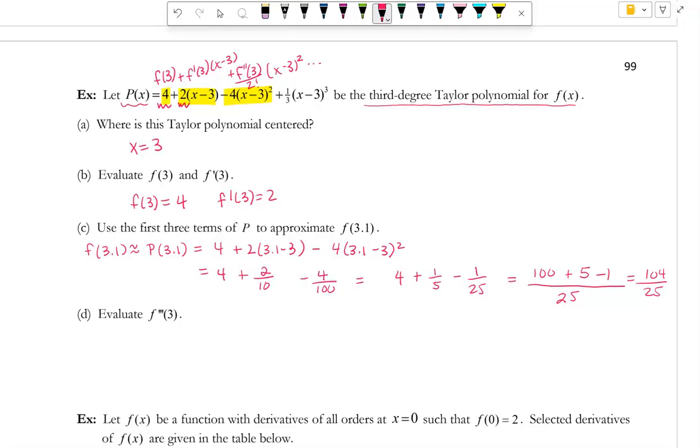All right, so finally, we are asked to evaluate the third derivative at 3, f triple prime of 3. And we want to be careful here because remember, when I get to my third term, that 1/3 isn't f triple prime of 3, but that 1/3 is f triple prime of 3 divided by 3 factorial.